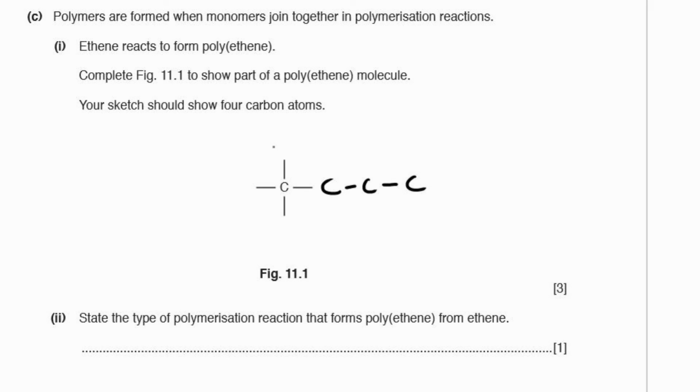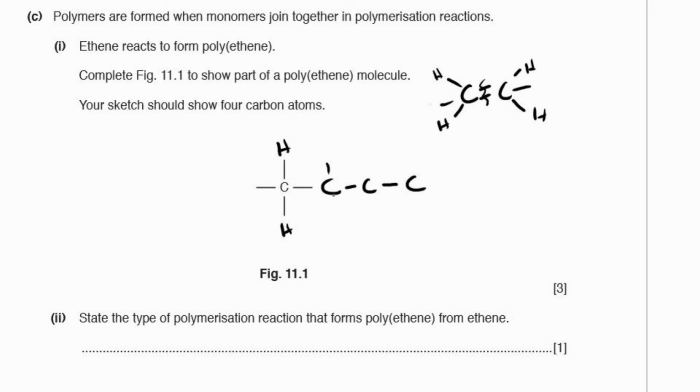Okay, ethene, each one has 2 H's attached. So ethene starts off as this. This is the original ethene molecule. Then the double bond is broken, and it adds another ethene next to it.